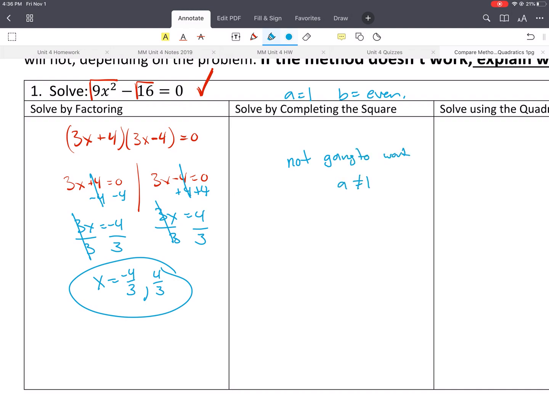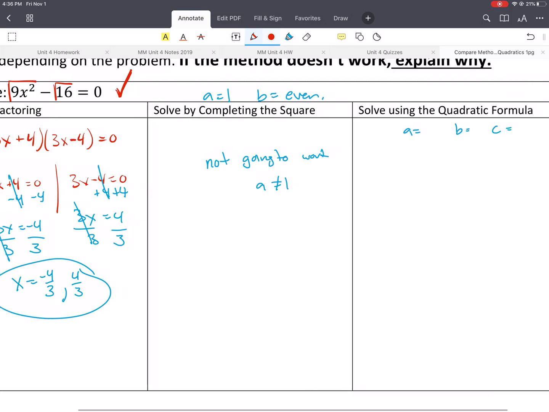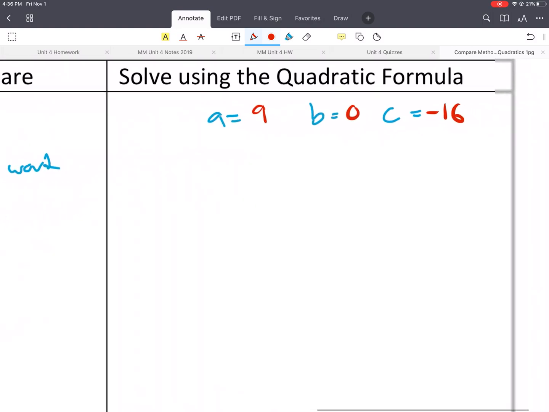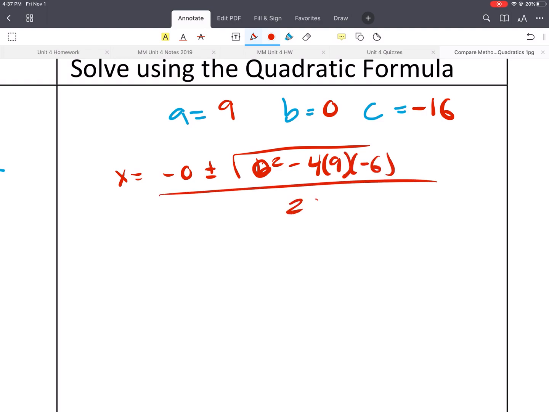Okay, quadratic formula, we need to write down our A, B, and C. So A is 9, B is 0, and C is negative 16. So we do x equals negative b plus or minus the square root of b squared minus, oops, 0 squared minus 4ac, all over 2a.